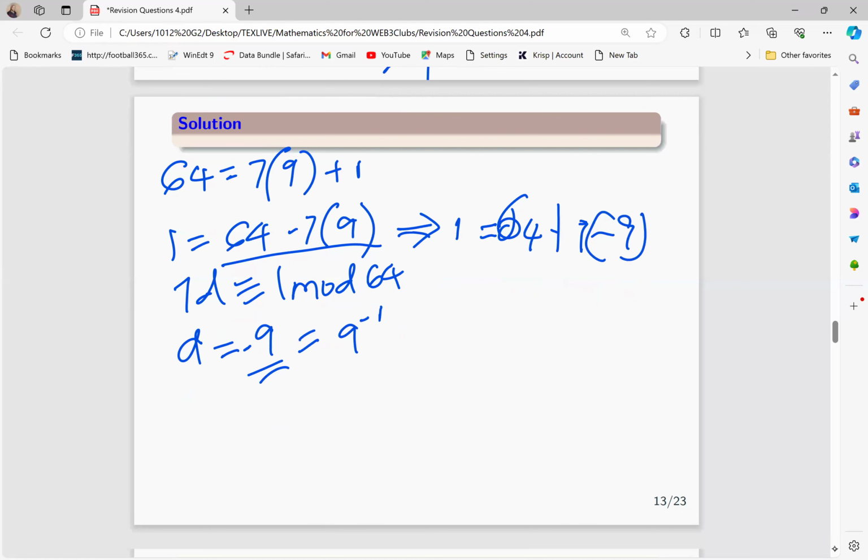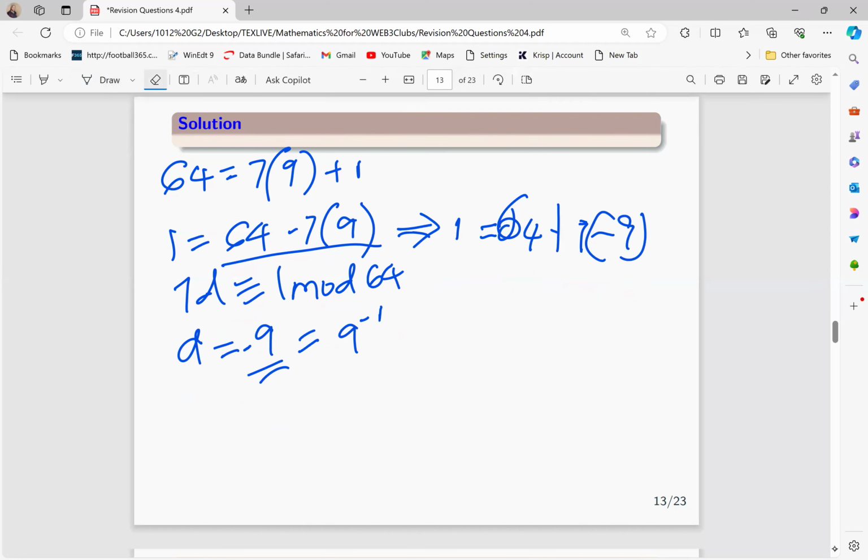So this is negative 9 mod 64. What is negative 9 mod 64?